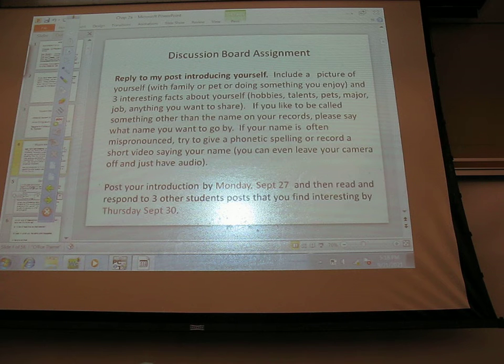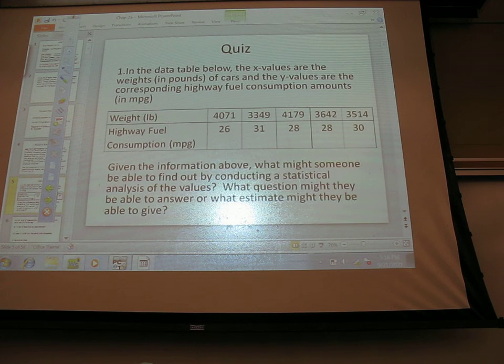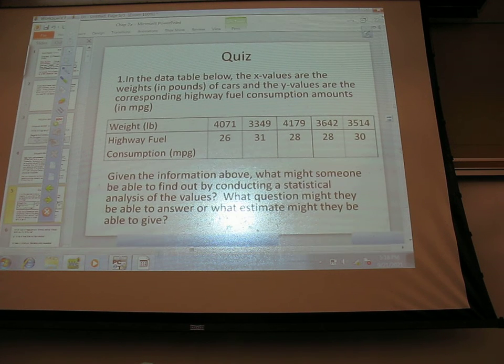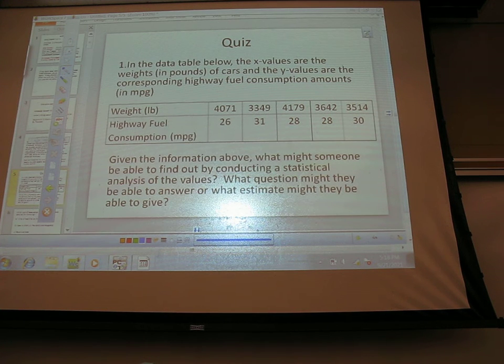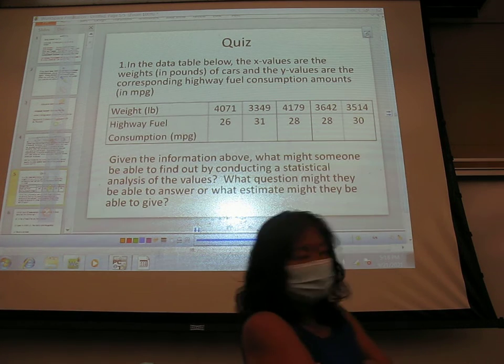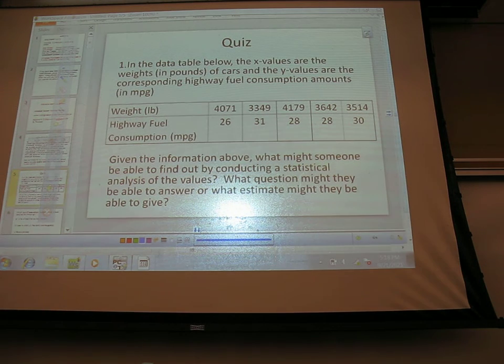All right, so let's hop into the quiz. In the data below, X values are the weights in pounds of cars. Y values are the corresponding fuel consumption amounts. Given this information above, what might someone be able to find out by conducting a statistical analysis of the values? Or what question might they ask?